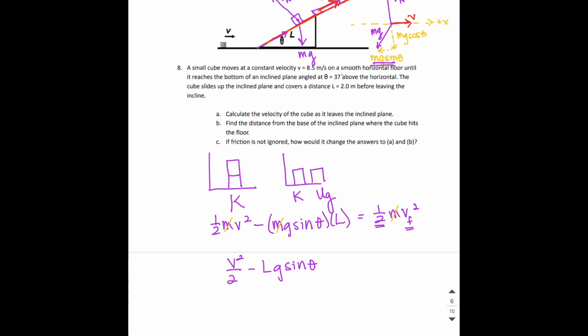I'm going to multiply the 1/2 by 2 on both sides. And then I am going to take the square root to get rid of that squared value. And that's going to give me my velocity. If I plug in all of my values, you should get the answer of, let me pull it up, 6.98 meters per second.